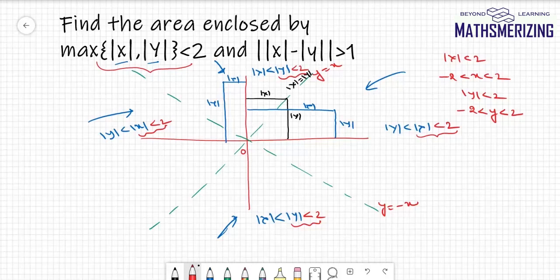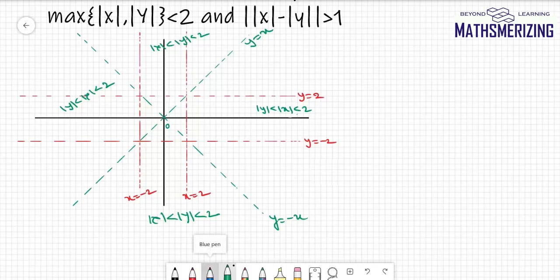So I'll draw dotted lines at x equals minus 2 and x equals 2, and y equals minus 2 and y equals 2. So now it will look like this. For this region, mod of x is less than 2, so x lies between minus 2 and plus 2. So the region I'll get is this small triangle.